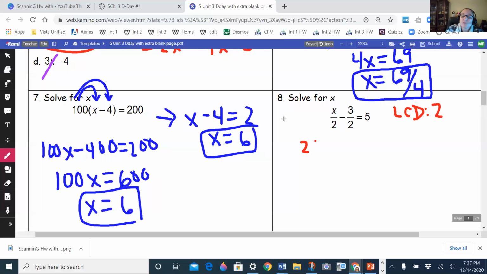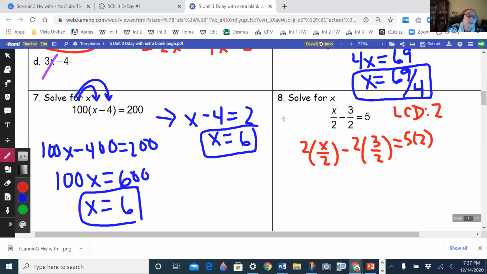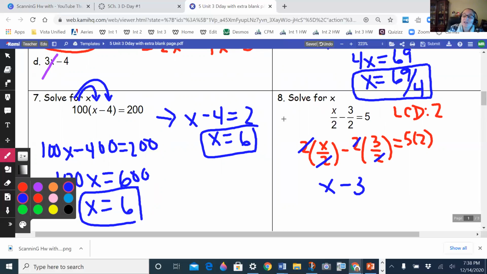So I'm going to go 2 times x over 2 minus 2 times 3 over 2 equals my 5 times 2. Over on the left side, I'm going to cancel that out. I get x. Cancel that out. I get 3 is equal to 10. I add 3 to both sides, and I get x equal 13.